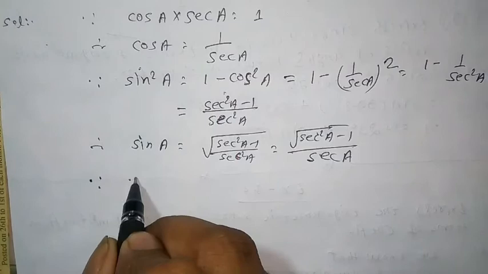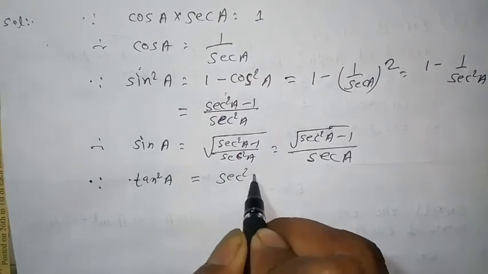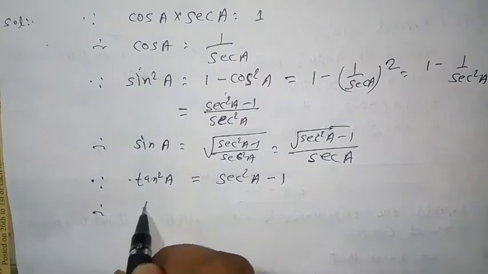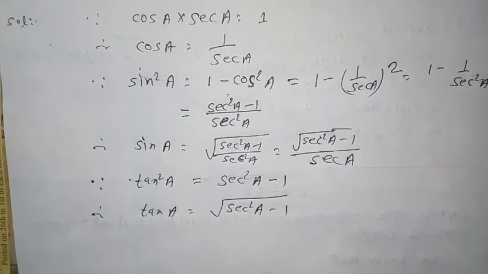Because tan square A is equal to sec square A minus 1, therefore tan A is equal to root under sec square A minus 1.